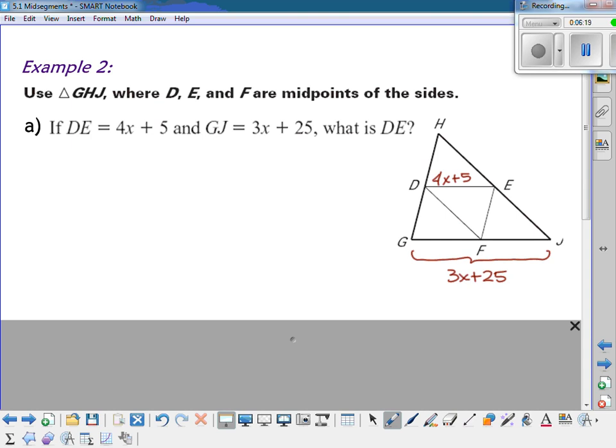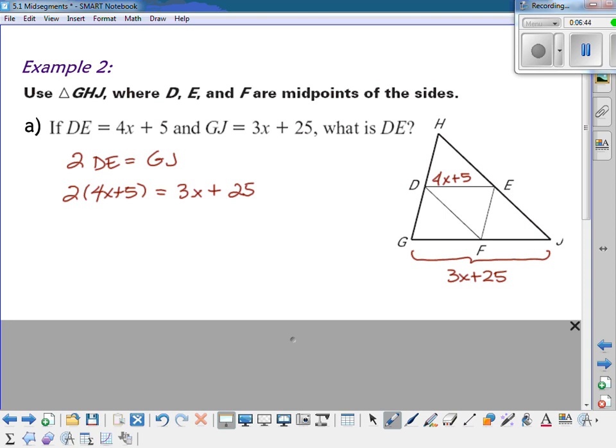So first of all, you have to think about, okay, it takes 2 DEs to equal just 1 GJ, because GJ is twice as long as DE. So you have to make sure you remember to multiply the expression for DE times 2. So 2 times 4x plus 5 is going to equal 3x plus 25.